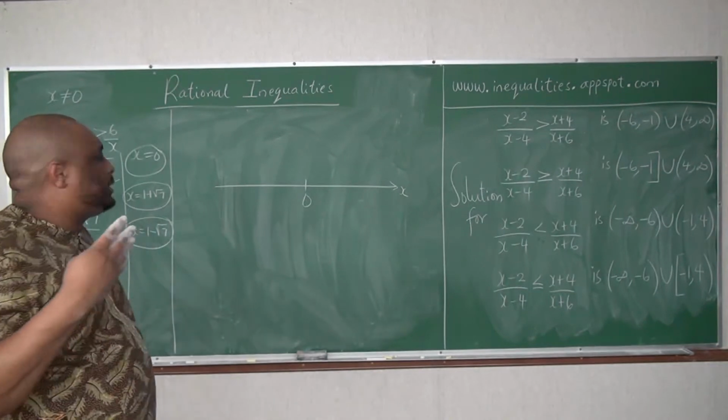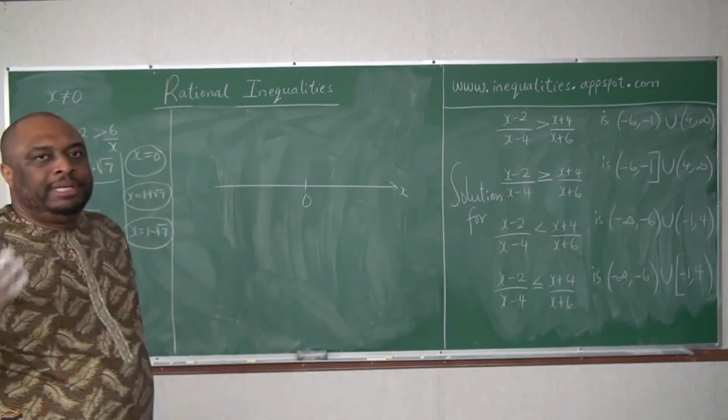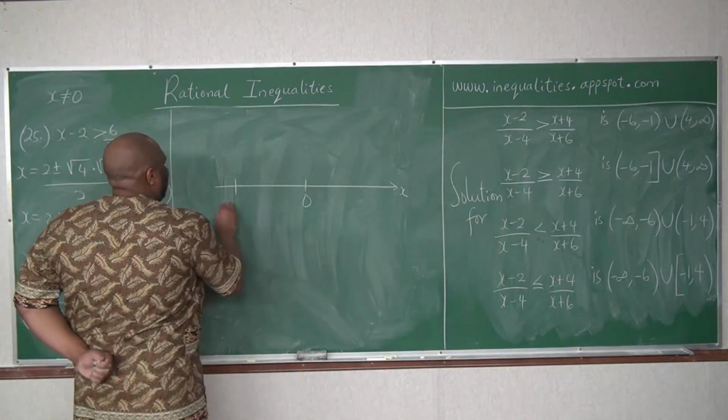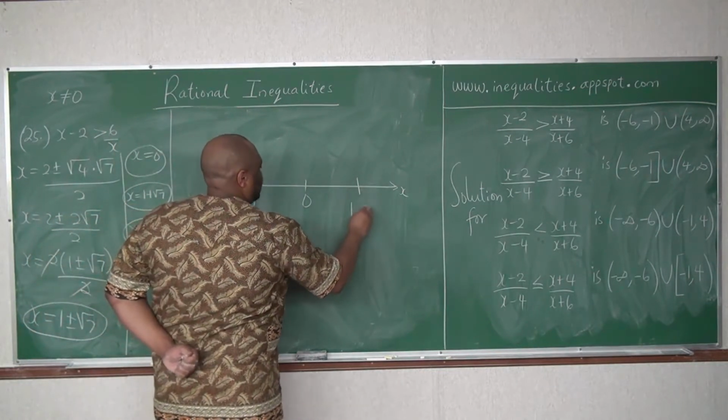And 1 minus 2 point something is negative, and 1 plus 2 point something is positive. So this will be 1 minus square root of 7, and this is 1 plus square root of 7.